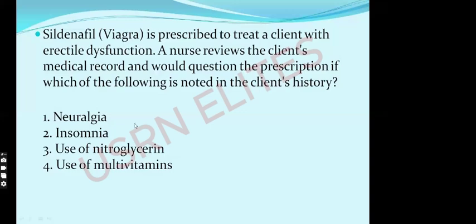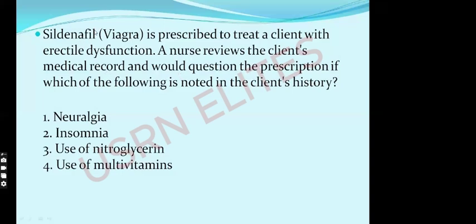Now, they're asking you. Most of the time, I always say that questions like this come in 2 forms, okay? The first part normally is a preamble. It's information that they want you to consider to help you answer the main question, which is mostly asked last. So this is just a preamble, the first part of it. The second part continues to say that a nurse reviews the client's record.